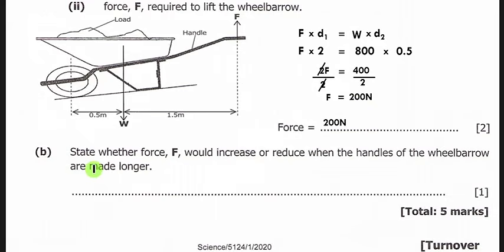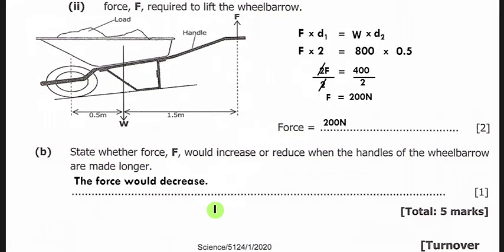Then here they're saying state whether force F would increase or reduce when the handles of the wheelbarrow are made longer. When you increase the length of the handles, the force will decrease. The reason is simple: distance is a force multiplier.